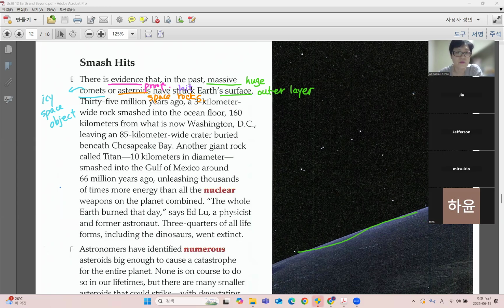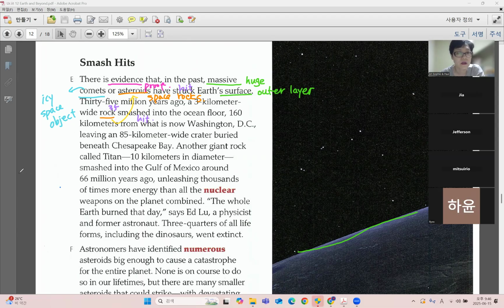And 35 million years ago, how many years ago? 35 million years ago, a 3 kilometer wide rock. What is another name for the rock? Asteroid. Bingo. An asteroid smashed, which means hit, into the ocean floor 160 kilometers from what is now Washington, D.C. Interesting.